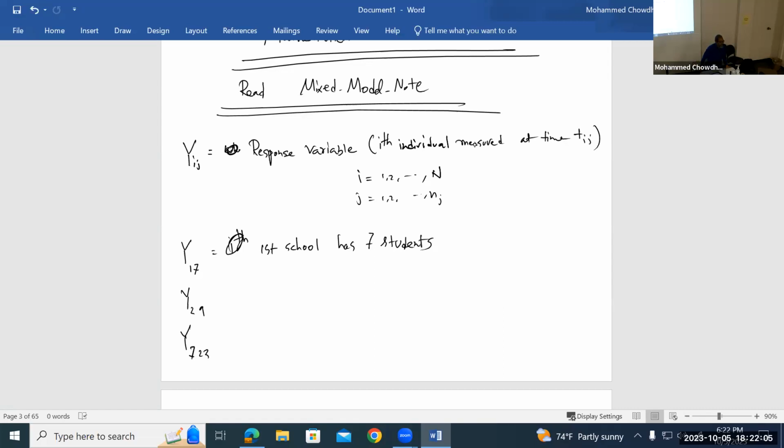So Y_ij means the response variable for panel data, longitudinal data. The first school has 7 students, the second school has 9 students, and the seventh school has 23 students. That is what Y_ij stands for.